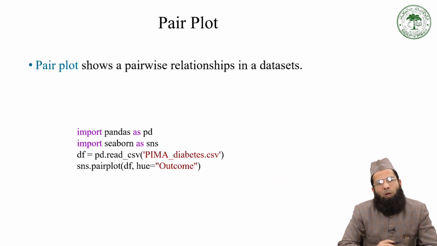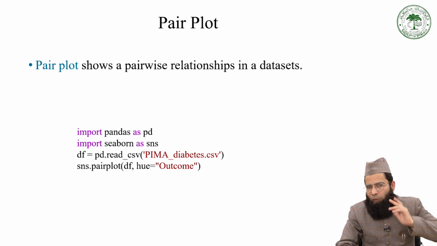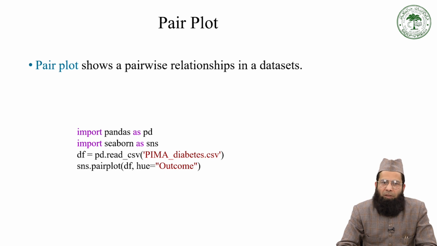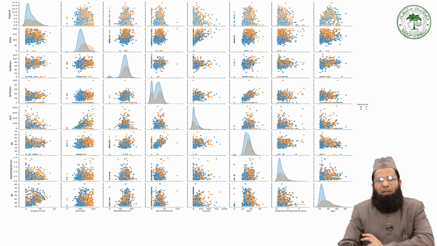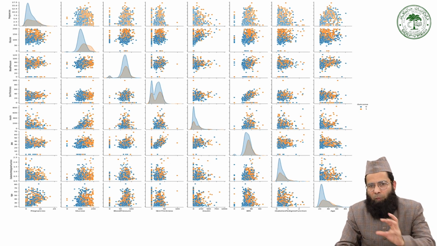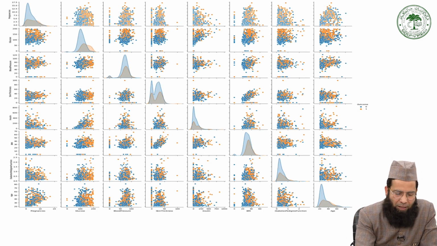Similarly, there is one more plot that is called pairplot. Pairplot is used to plot each pair of features. Suppose you have 7 features, then between each and every two features the plot would be displayed, like in this case.